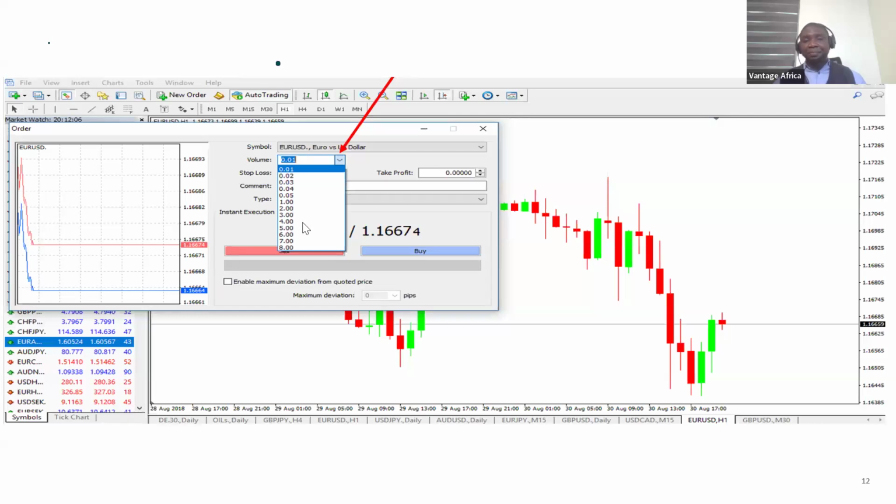The reason is that you can manually input anything you want. You can decide, okay, this trade I want to take 0.5, you type it in manually.